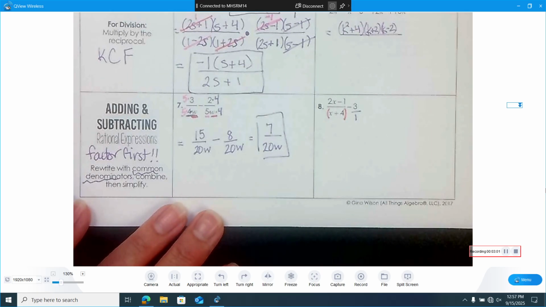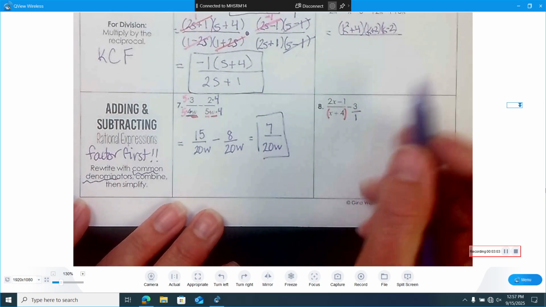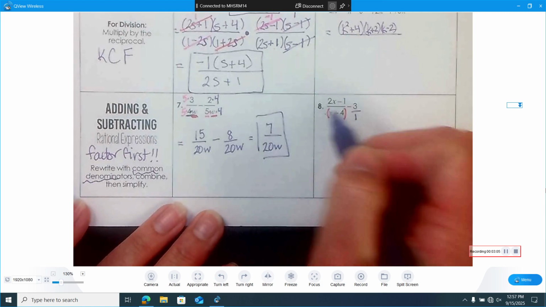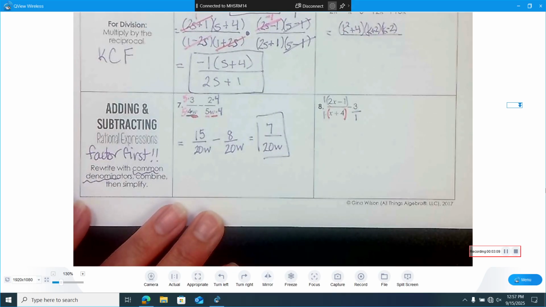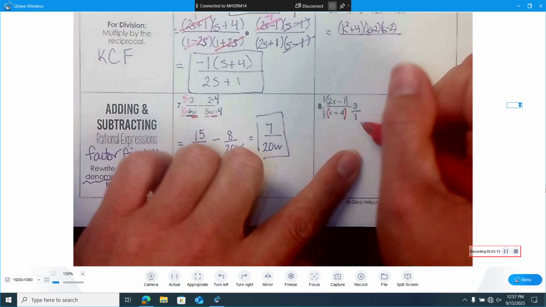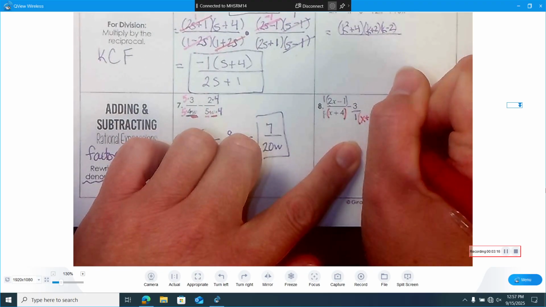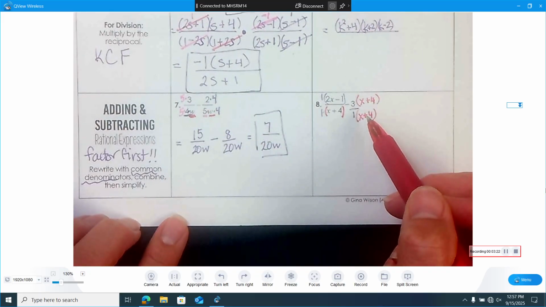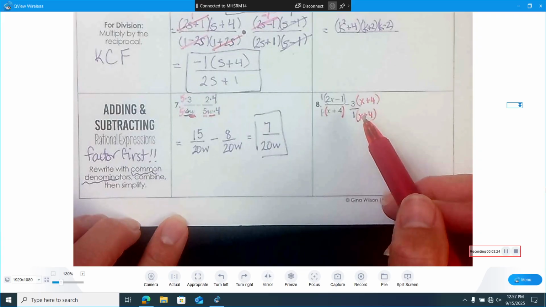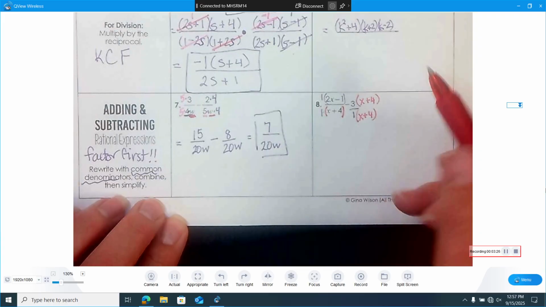And again, I need a little bit of both. So I could multiply this first fraction by 1 if I wanted to, but that's not going to change anything, is it? All right, what do I need to multiply the second fraction by? Yes, the whole factor x plus 4, top and bottom. And I'm encouraging you, ladies and gentlemen, to write it in because you'll just do better here.